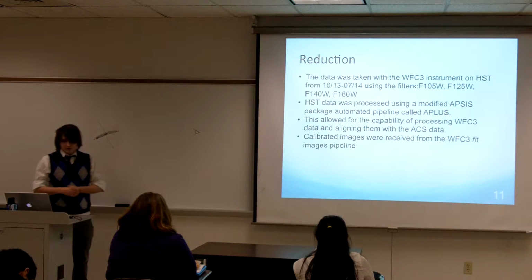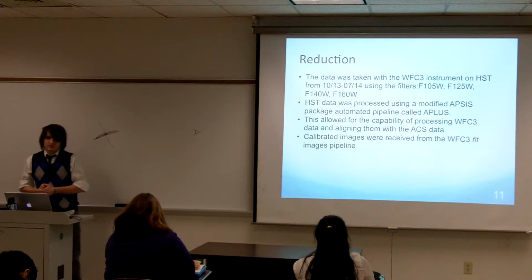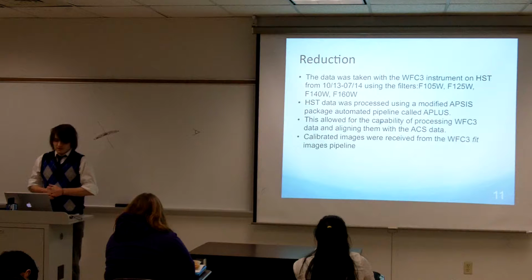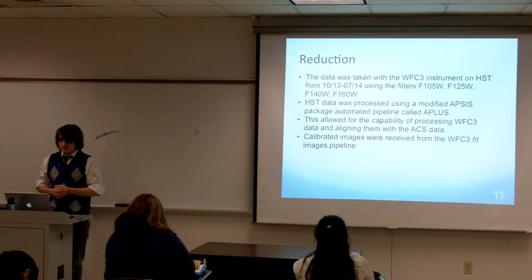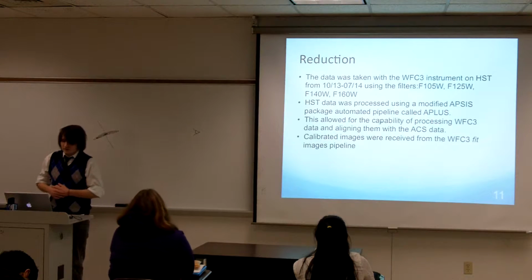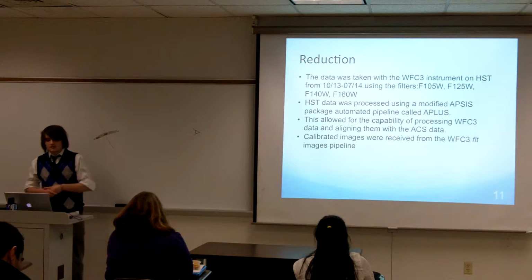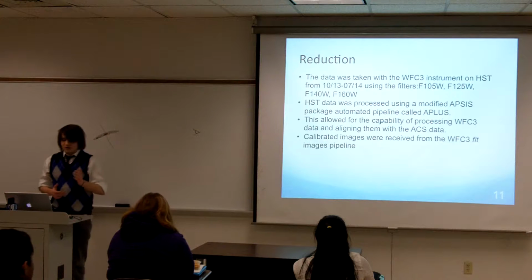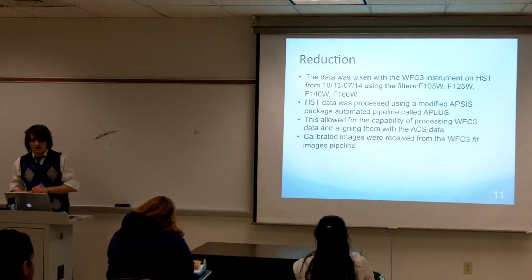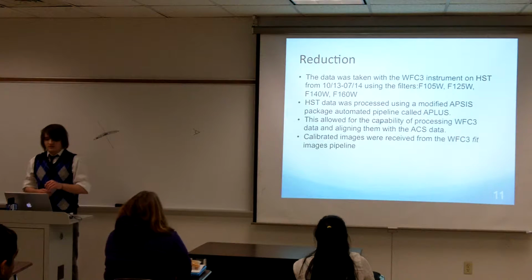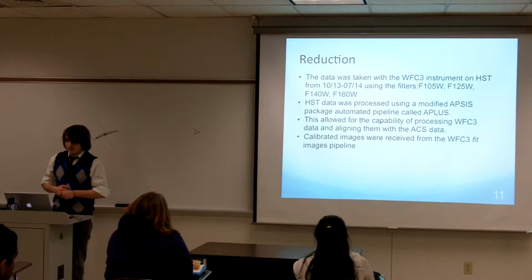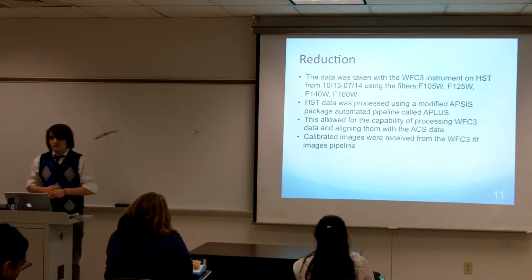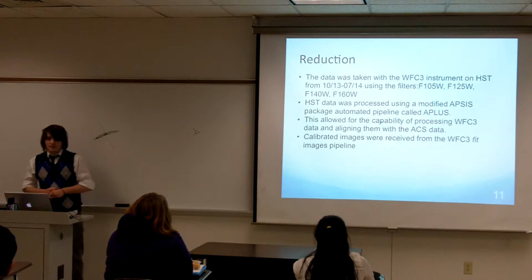So just going over some of how the data was reduced. The data was taken with the WFC3 instrument on the Hubble Space Telescope from October 2013 to July 2014 with the filters 105W, 125W, 140W, and 160W.